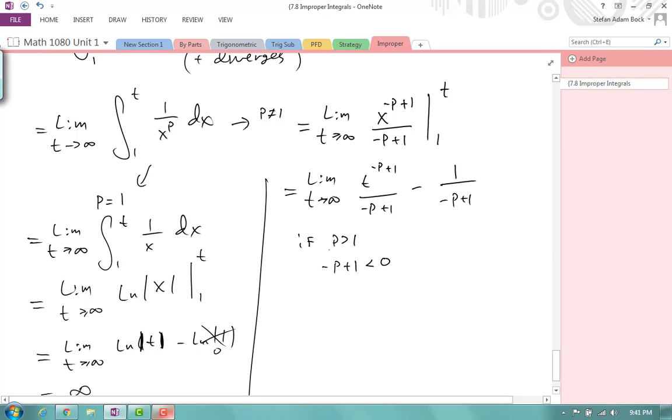This would be the same thing as if I just subtracted p from both sides from up there. But if the exponent of this guy is less than 0, that means t to the minus p plus 1 becomes 1 over something that goes to infinity, because I have very big numbers with negative exponents, which means that goes to 0.